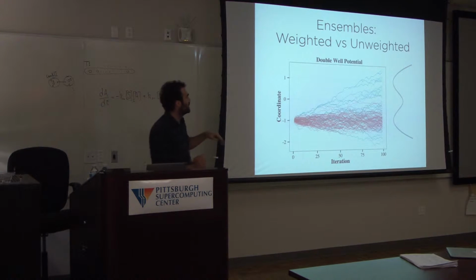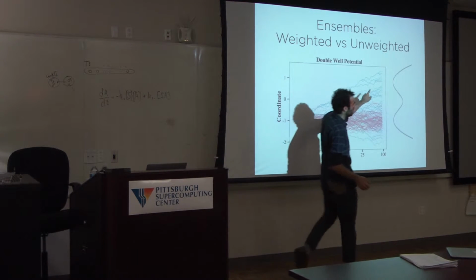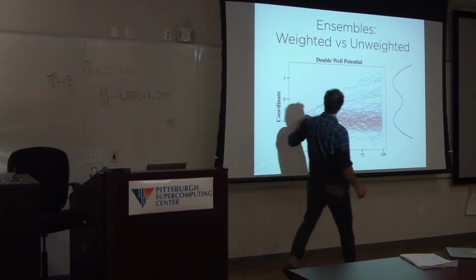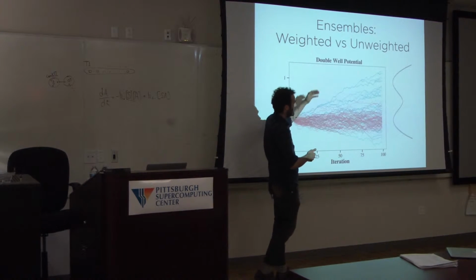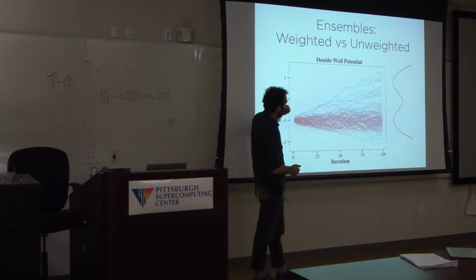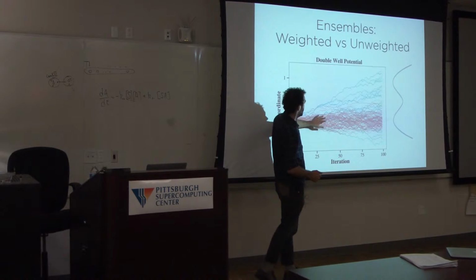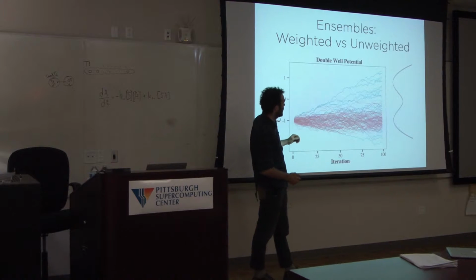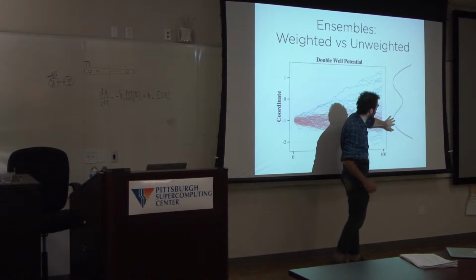Here's one way to visualize this. Here's a double well potential, and I start out in the bottom well, and then I wait to see if I transition over into the other well. The red stuff is the brute force approach, with 100 or 1,000 simulations, and they all just wander around and stay in the well.